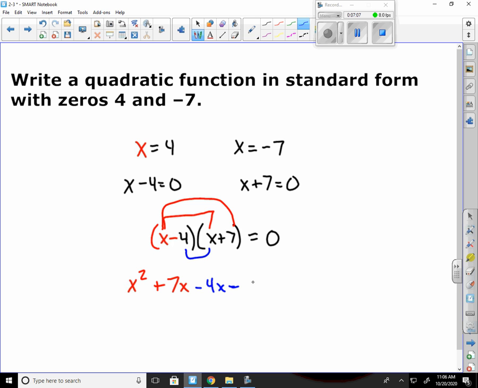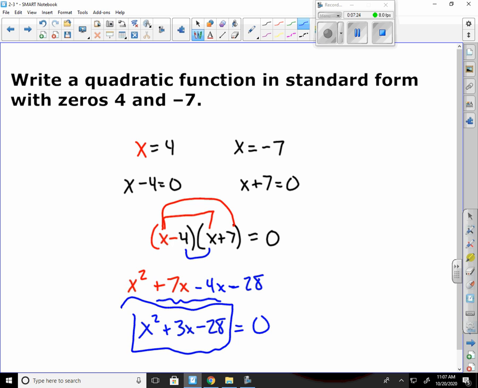And then -4 times 7 is -28. Now I can combine my like terms in the middle. It gives me x squared plus 3x minus 28. That would have been my original quadratic function in standard form. So we can go forward or backwards with these questions.